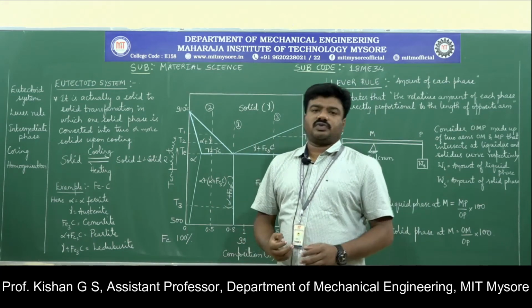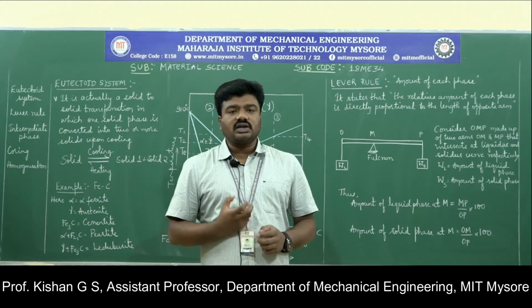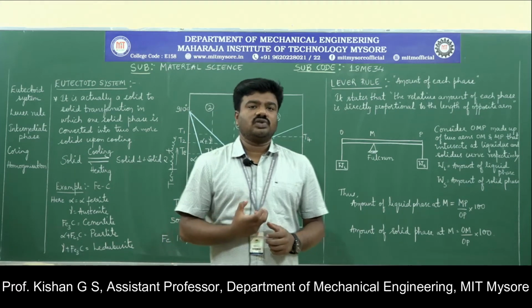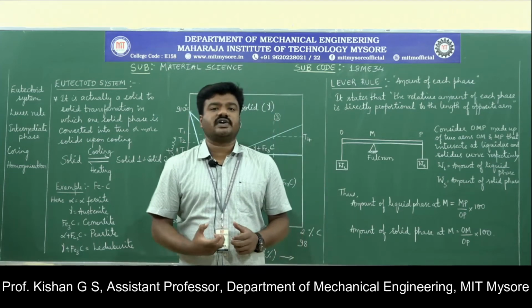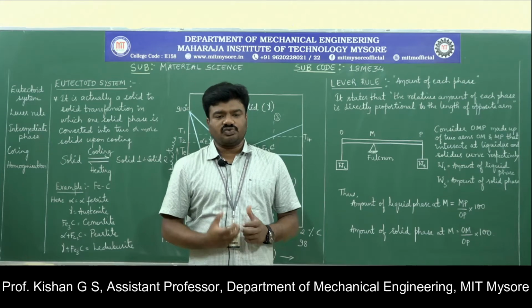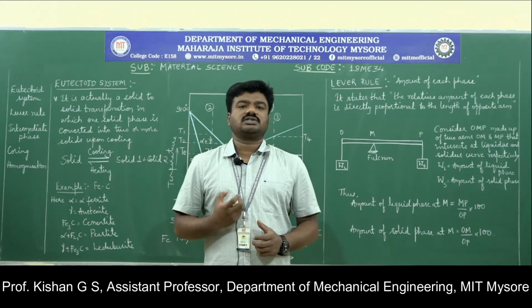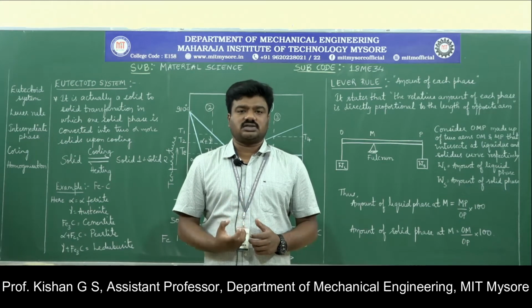The next topic we are supposed to study is the Lever rule. The Lever rule defines the amount of different phases of the material present in the composition. We have studied in the binary phase diagram the concept of liquidus and solidus lines.